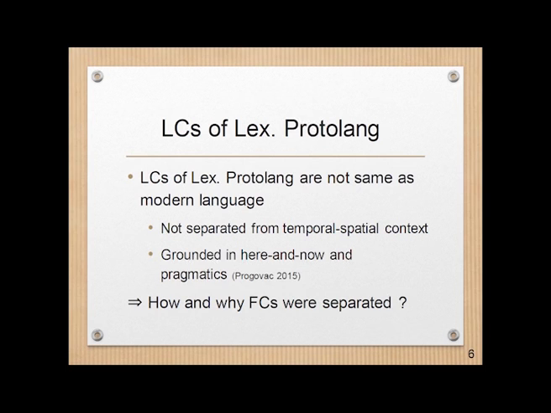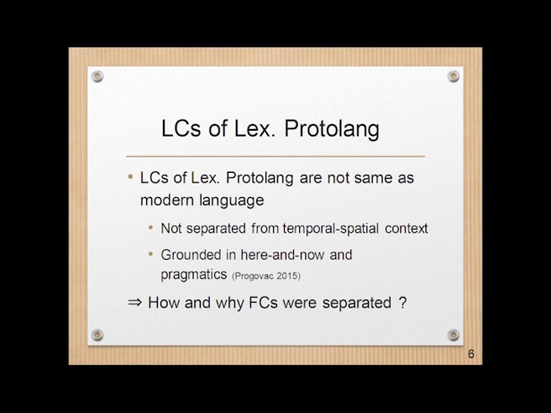Now note that the lexical categories of lexical protolanguage were not the same as those of modern human language. I assume that the lexical categories of protolanguage were kind of primitive ones that were not separated from temporal and spatial context, which can be expressed by elements such as tense or aspect in modern human language.